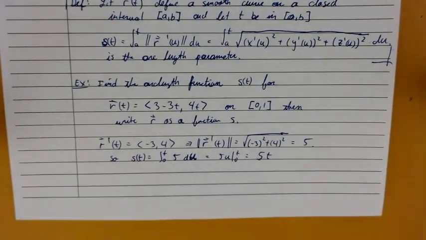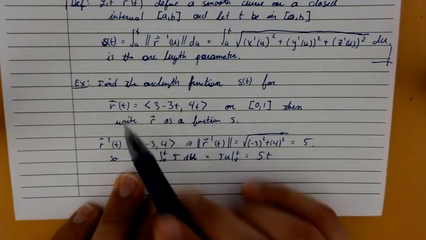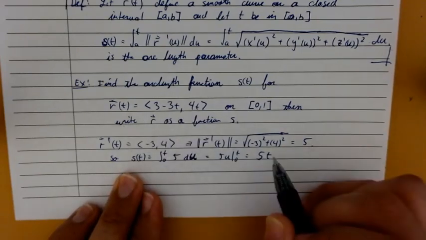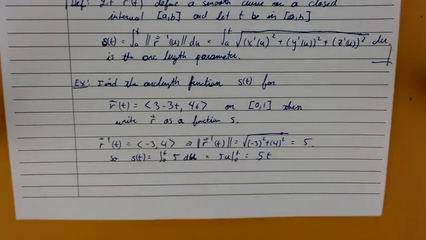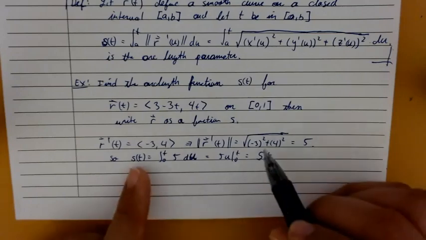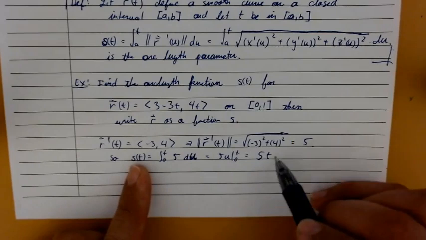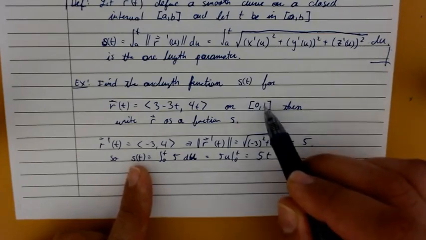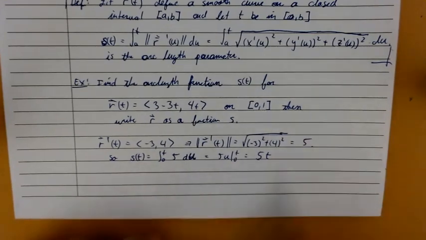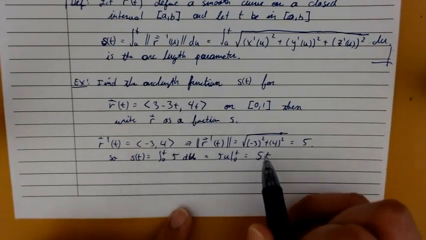Note that what this is telling you is the arc length of this vector valued function. If t is equal to 0, right here, then your arc length is 0. Because, of course, from here you're saying, okay, well, you're going from 0 to 0. You didn't go anywhere, so your arc length is 0. Okay, what if you're going from 0 all the way to 1? Well, then t is equal to 1, and the integral from 0 to 1 is going to give you 5 right here.